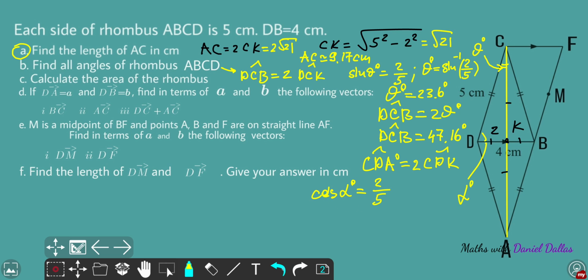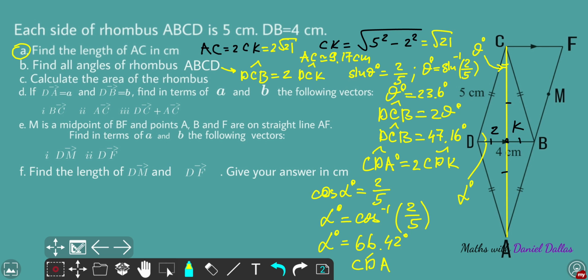In the same way we defined angle theta, we can define alpha. Right now we took sine minus 1 of 2/5; in this case we're taking cos minus 1 of 2/5. So we've got the angle alpha is 66.42 degrees, and that's why angle CDA, finally, we can get it.